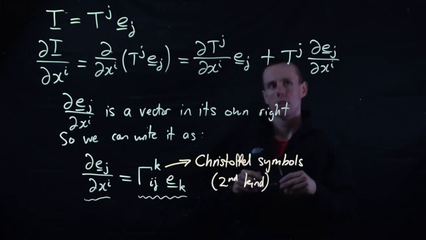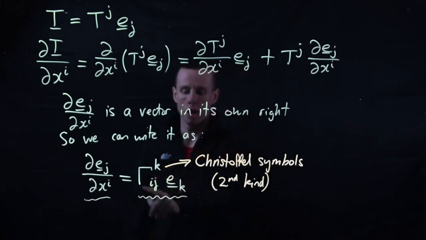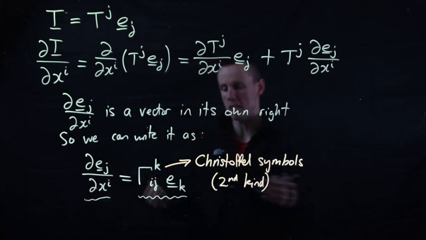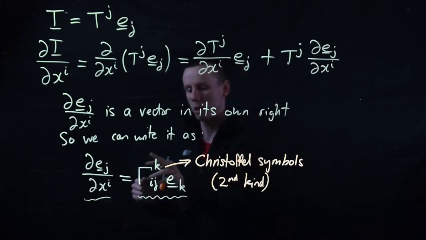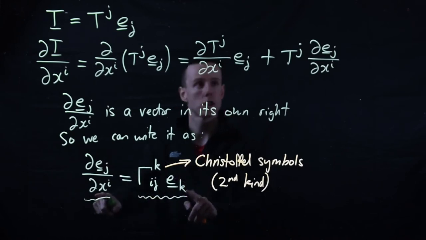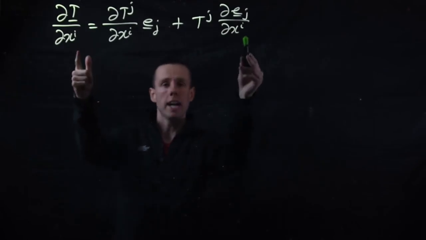Okay, fine. So let's take this formula. Now we still don't know how to find these Christoffel symbols. We haven't got a formula or a recipe for them, not as yet. But anyway, just for now, let's take this and put it back in here. So let's go back to this equation.